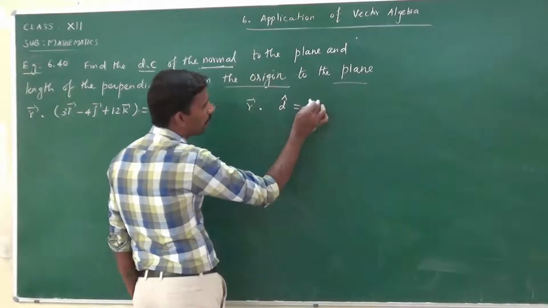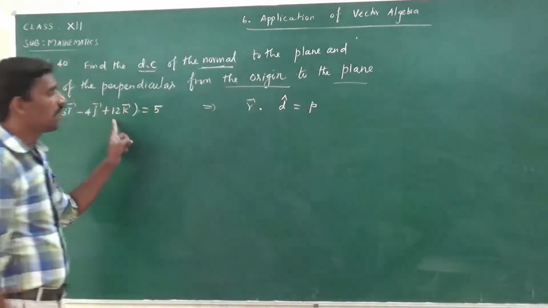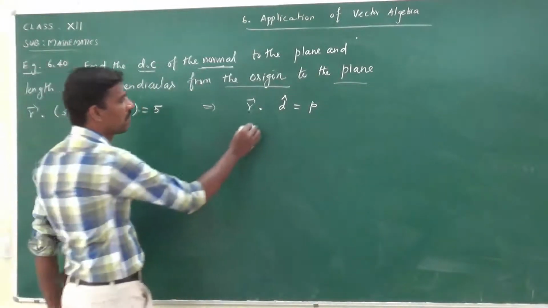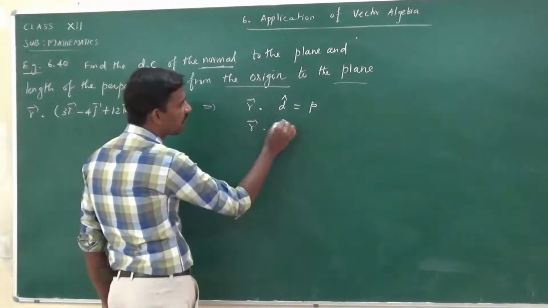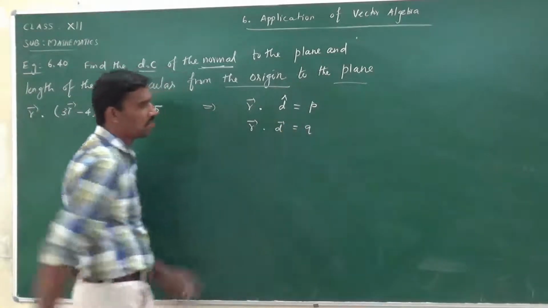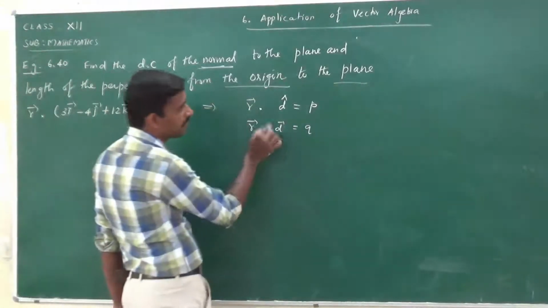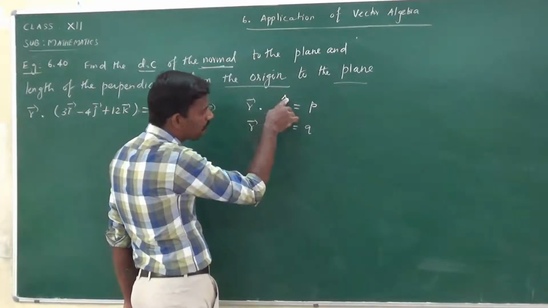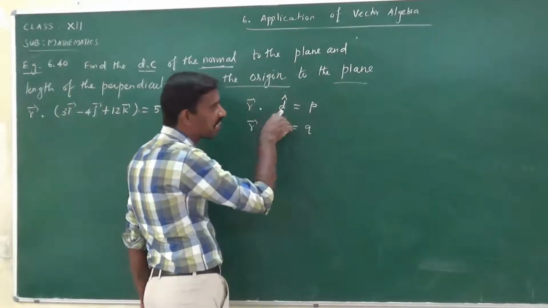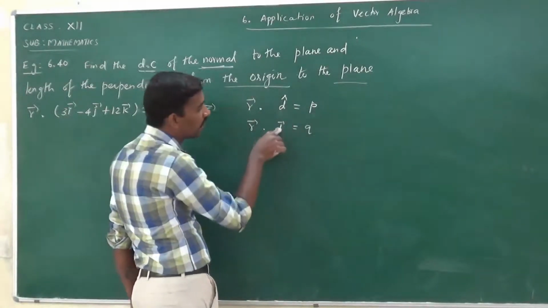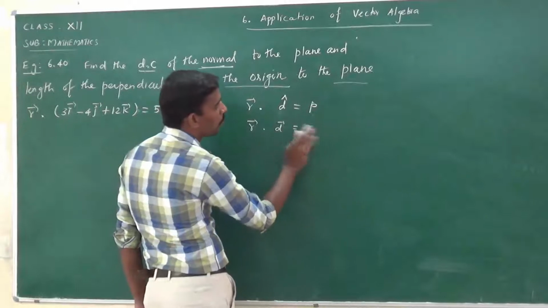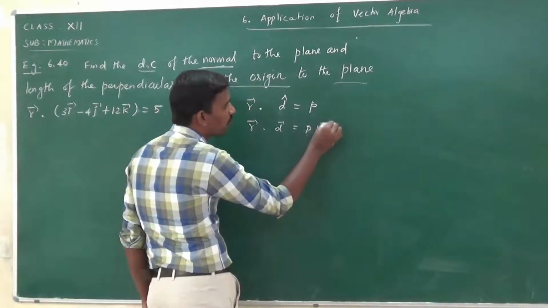Small p. Here, this is the form r vector dot d vector, which is equal to q. You see the relation between these two. Don't confuse here, this is d cap. When you are writing d cap, you mention it is p. And d vector is nothing but p into magnitude of d vector.